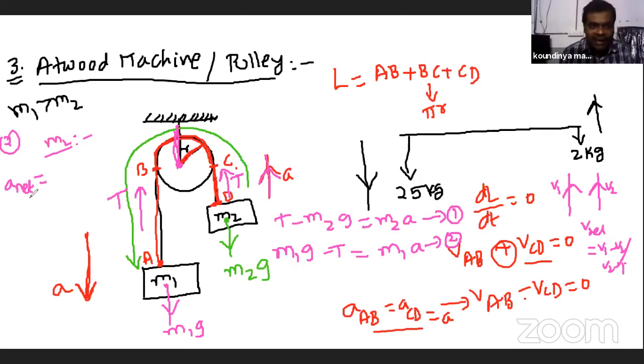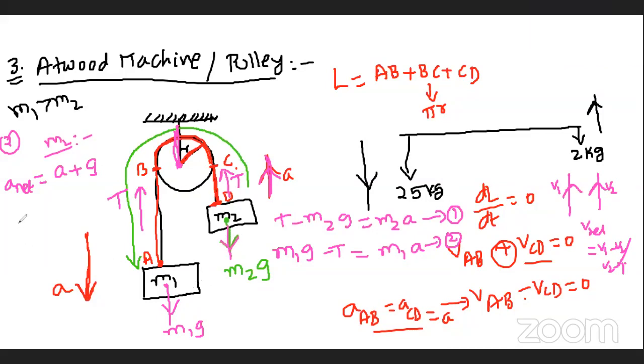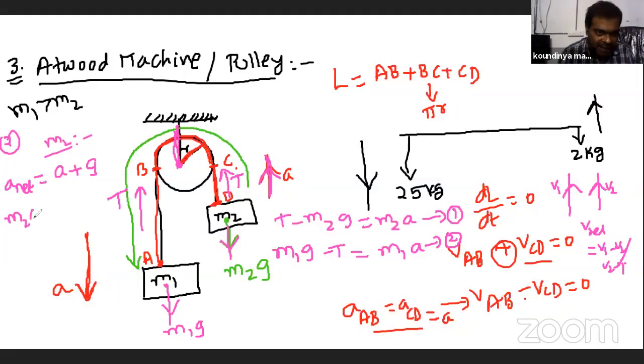So I can write the net acceleration as A plus G. Now multiplying with mass, M2 times A net is equal to M2A plus M2G.